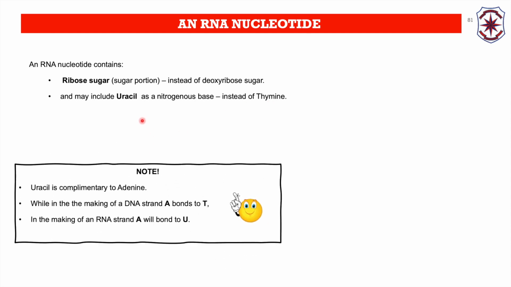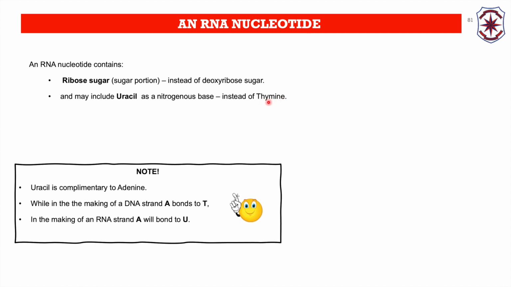All right, now we said that we have uracil in an RNA nucleotide. So uracil is complementary to adenine, meaning it replaces thymine. It does not bond with thymine. So if on one strand you have adenine, in DNA it will bond to or be complementary to thymine.